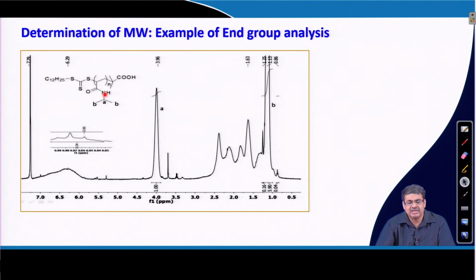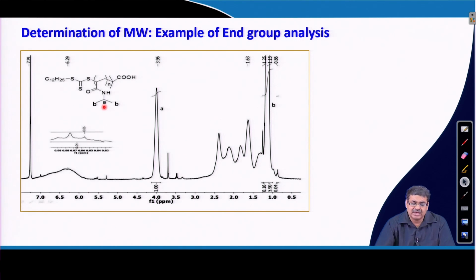I will just give you an example of determination of N group analysis by NMR techniques. If you are not aware of NMR technique, it is fine. You should know that NMR can be used to identify chemically organic compounds or polymeric compounds, and in this case proton NMR.